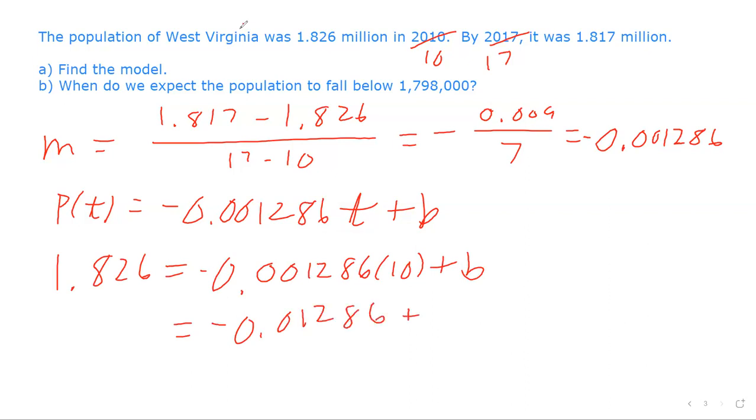Easy multiplication. All we have to do is move the decimal over 1. Add that to the other side. We're at 1.83886.